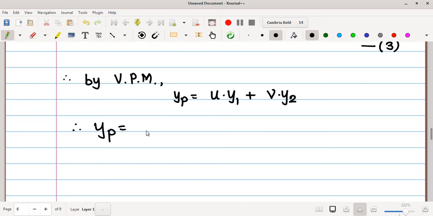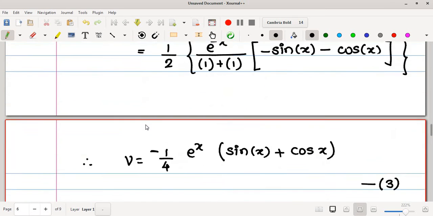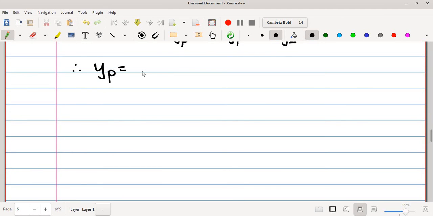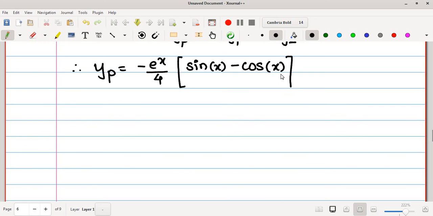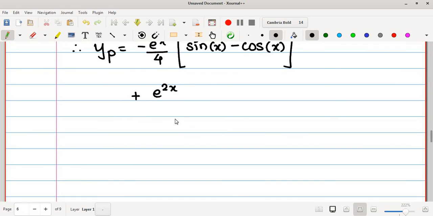Substituting values for u, v, y1 and y2, the particular integral: y1 is equal to 1, u that we have evaluated is minus e raised to x upon 4 into sin x minus cos x, plus y2 is e raised to 2x into v, and v is again minus 1 upon 4.